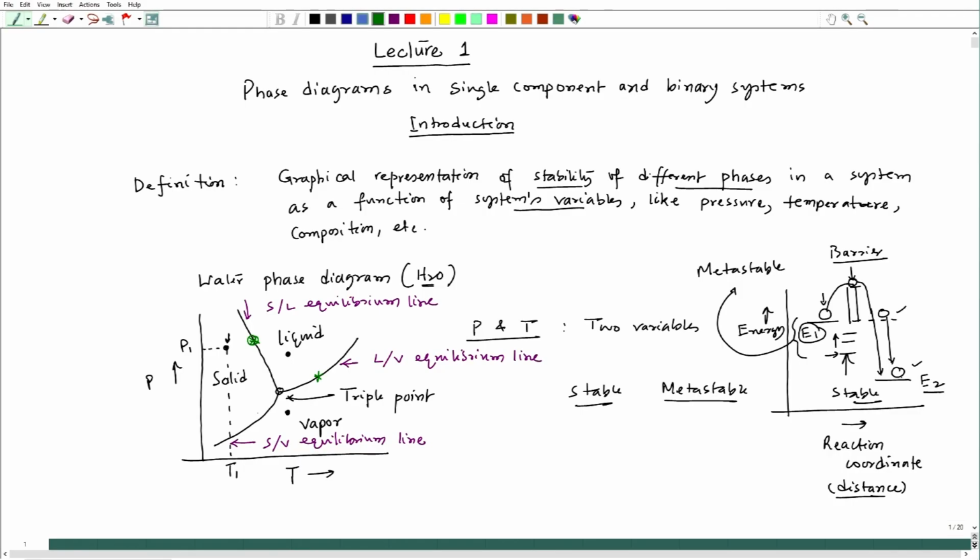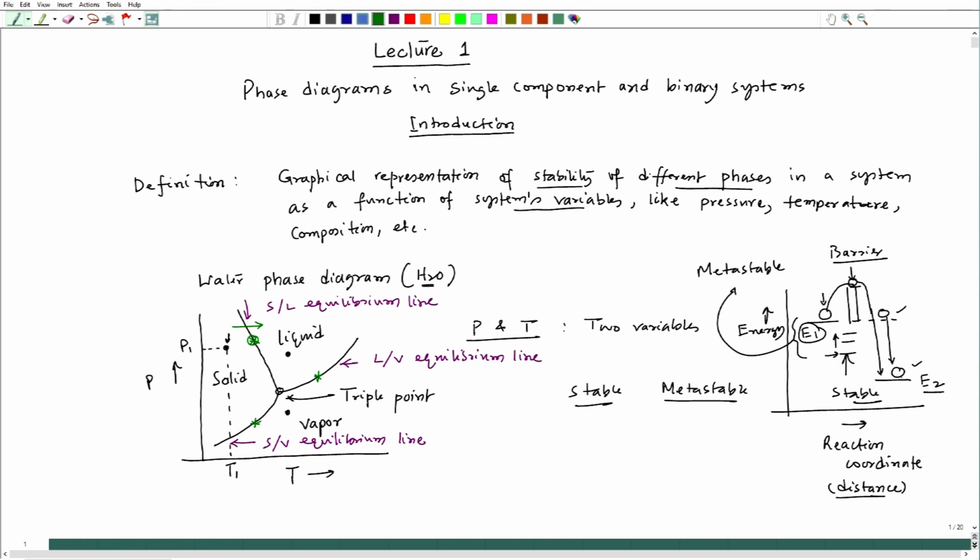Okay. And similarly, all those points on those lines could be two phase equilibrium lines. And if we shift a little bit by changing the pressure and temperature, I will land in a single phase zone. For example, if I go this way, that means it will become liquid.